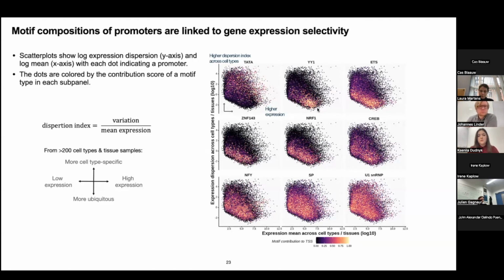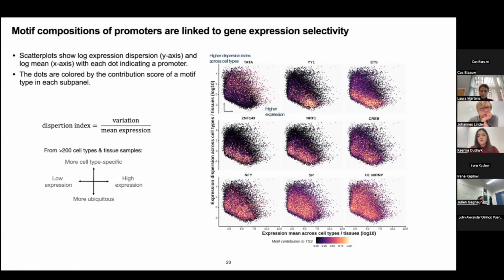But YY1 promoters are located here, so they are also pretty strong, but they are ubiquitously expressed across tissues. And all other motifs have effects somewhere in between, so they can be sorted from YY1 and ETS, which are more ubiquitous, to SP and TATA, which are the most tissue specific.